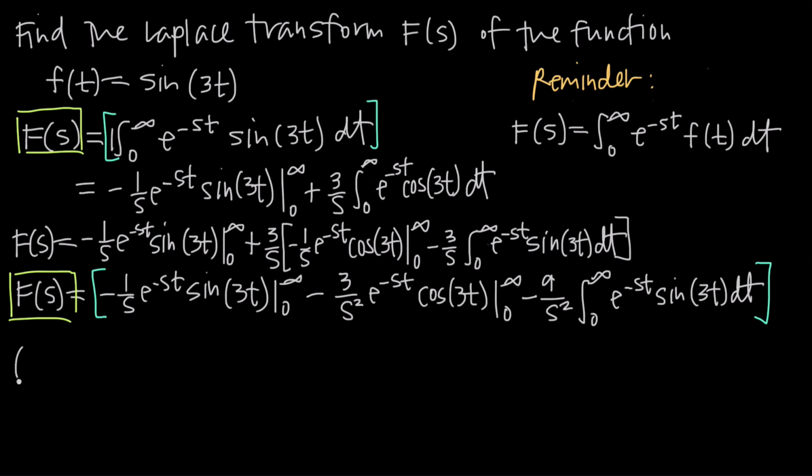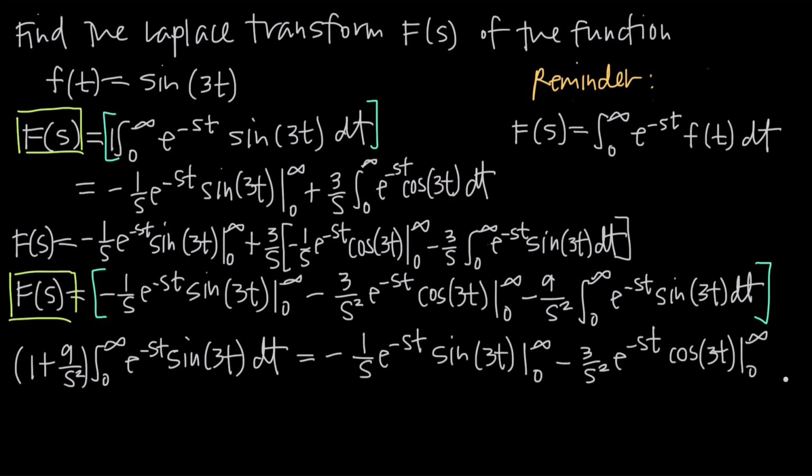So we have 1 plus 9 over s squared times the integral from 0 to infinity e to the negative st sine of 3t dt. That takes care of or moves this integral over to the left-hand side, and we're only left with these other two terms on the right-hand side.